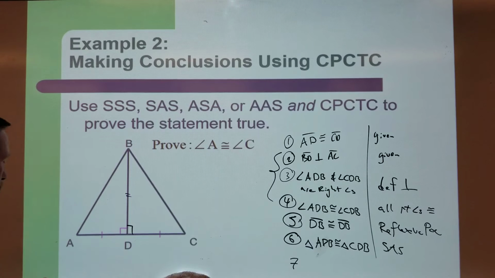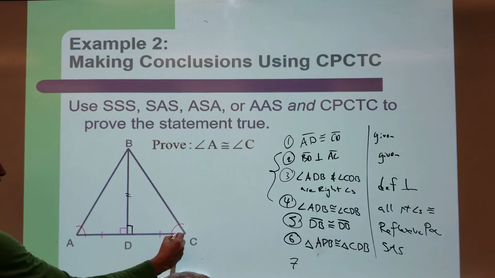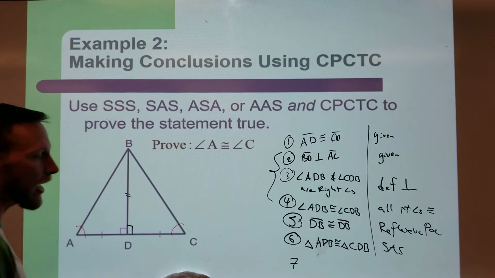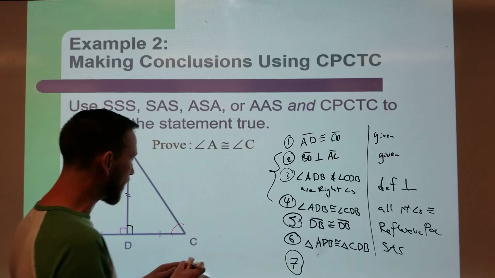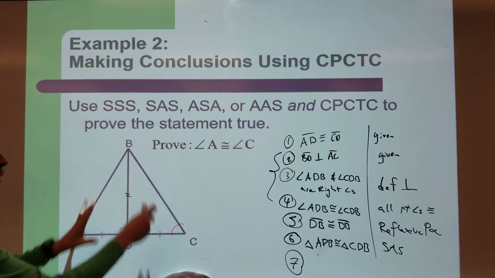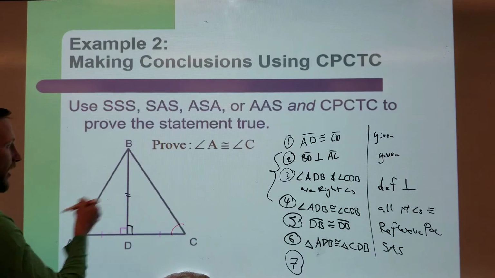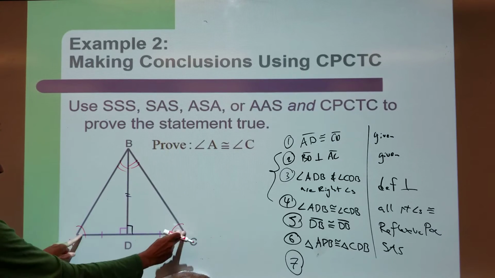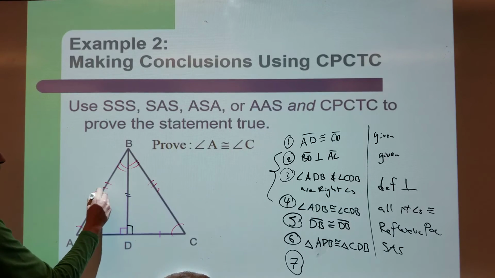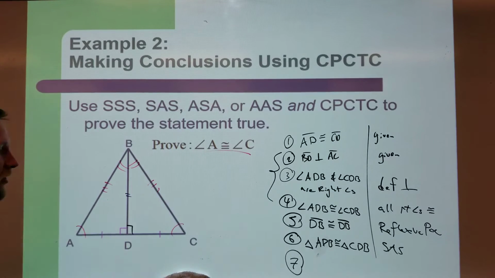Now that we know that these triangles are congruent, I can use the definition of congruent triangles, or CPCTC, to show that the angle at A is congruent to the angle at C. If these triangles are congruent, then all of their corresponding parts are congruent. That means that these angles are congruent, these sides are congruent, but it asked just for this piece of information.